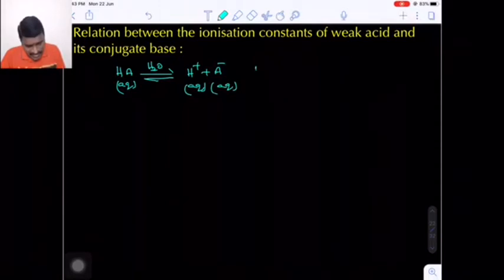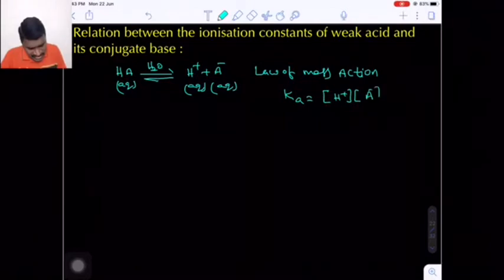Now from the law of mass action, the equilibrium constant, nothing but the acid dissociation constant or ionization constant, is the product of the concentration of the products divided by the product of the concentration of the reactant.